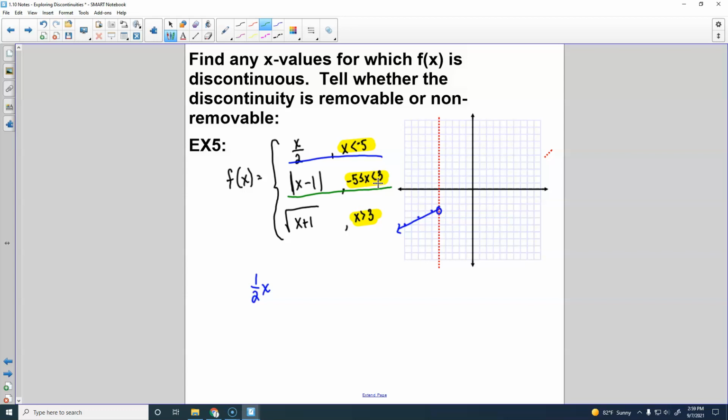Alright, so the next piece of the graph is the absolute value of x minus 1. So that's going to be that V-shaped graph. Which direction has it been shifted? To the right 1, because it goes opposite direction.